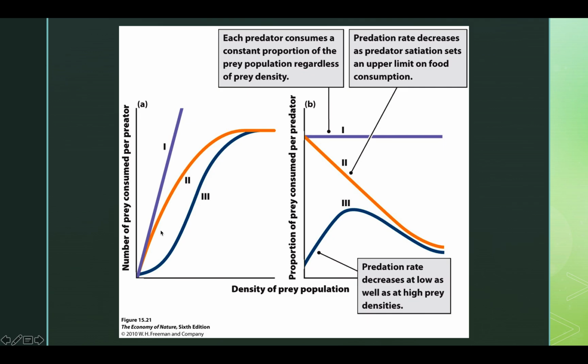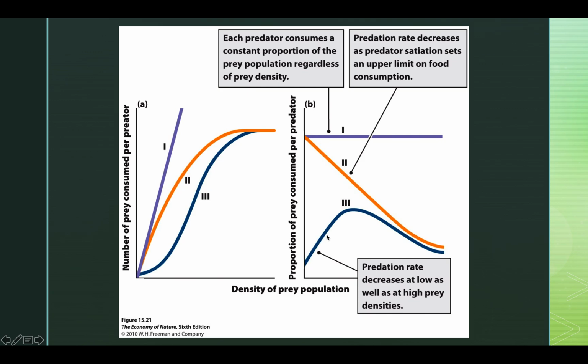So once it increases, ultimately the handling time will mean that you just can't take in any more prey. And then type 3, you can see it's kind of low rates at low numbers. It starts to really increase at this intermediate prey density. And then you can see the rate really decreases again at that high prey density.